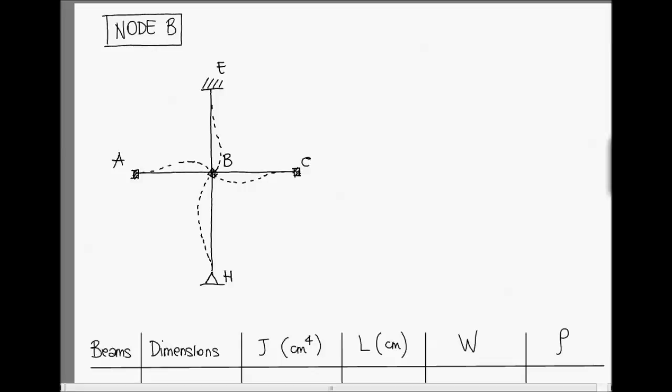The rotational stiffnesses for the beams converging in node B are 4R_BC for beam BC, 4R_BE, 4R_AB, and 3R_BH.